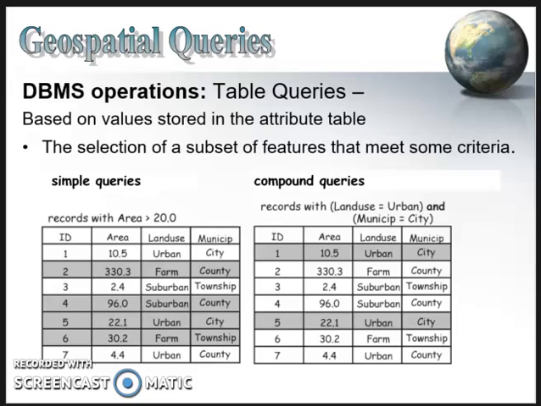That is based off of the coordinate data rather than the attribute data. If we're looking at these two different types of queries, we have our simple query, which is just looking for one attribute, whereas a compound query can be looking at and comparing multiple attributes.